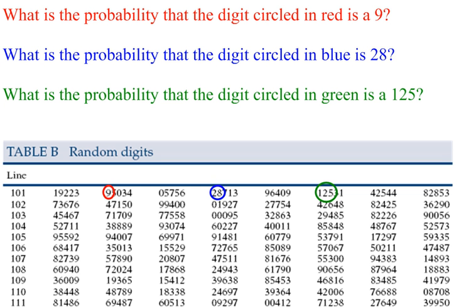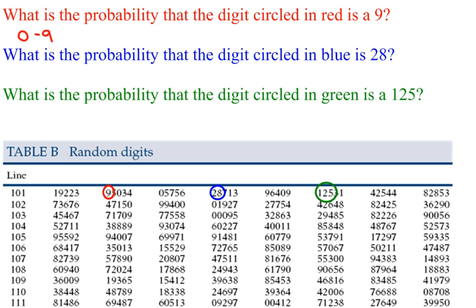So, if we were going to ask what's the probability that a digit circled in red is a 9? Well, in this case the probability is 100%, right? But in general, how many total digits do we have that could be single digits? The numbers 0 through 9 can be single digits, right?